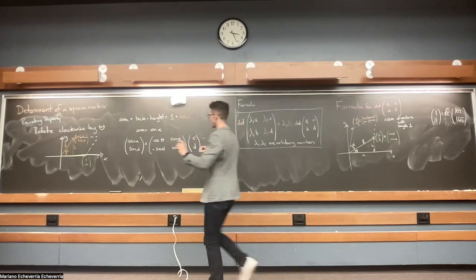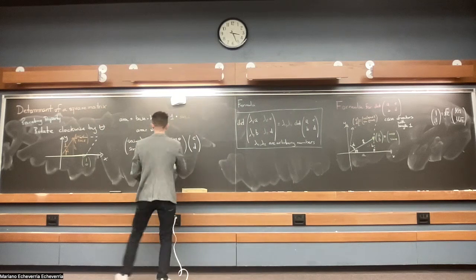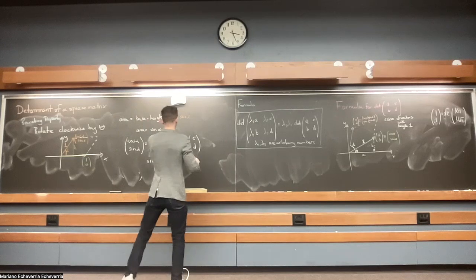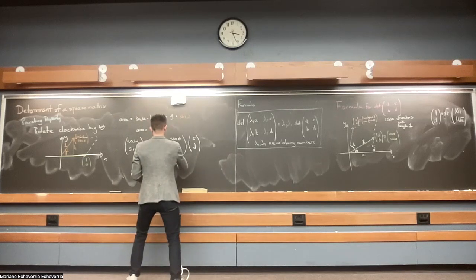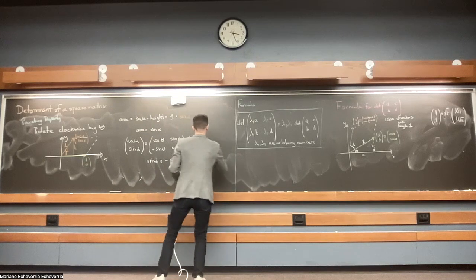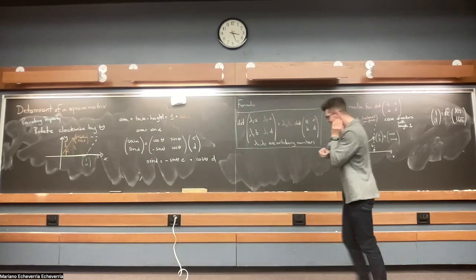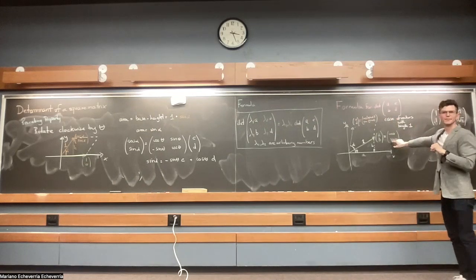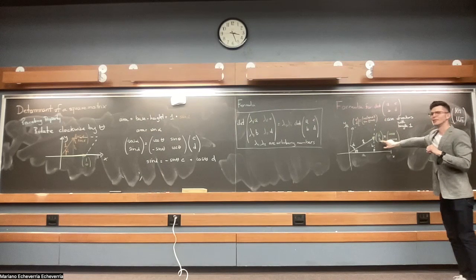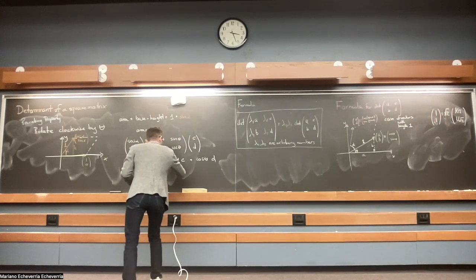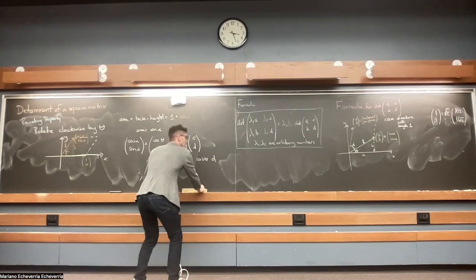And if you do that, that tells you that sine of alpha should just be what? Minus sine of theta times c plus cosine of theta times d. But what is sine of theta? That's just b. So this is minus b times c. And what is cosine of theta?